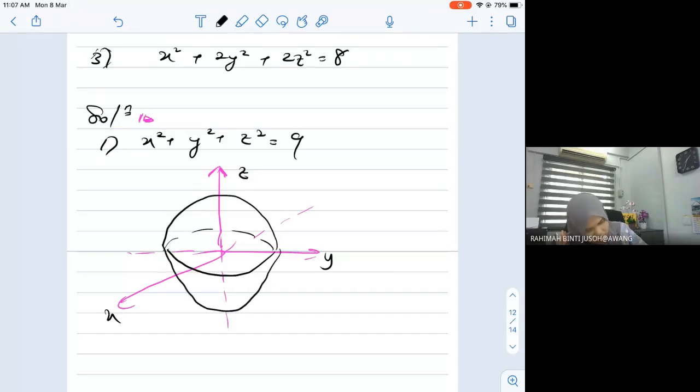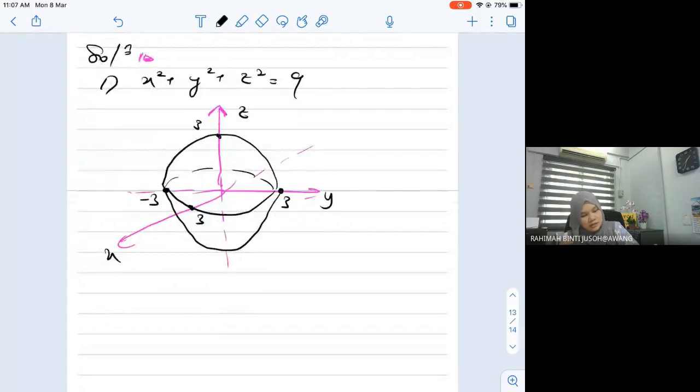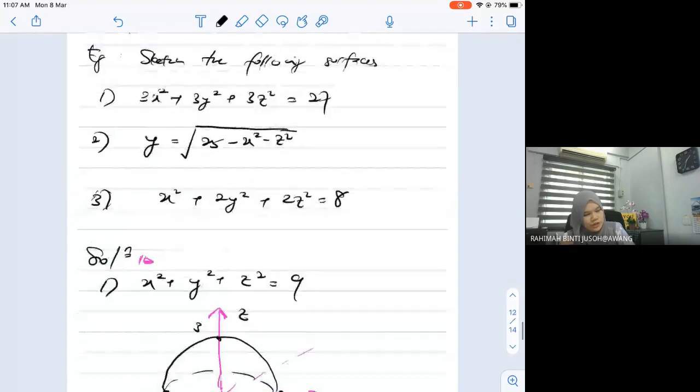Okay, macam ni. So here should be 3. 3 kat sini, negative 3. Macam tu. Atas ni 3. Okay. That's it. That's the graph 3D of sphere. Next question.